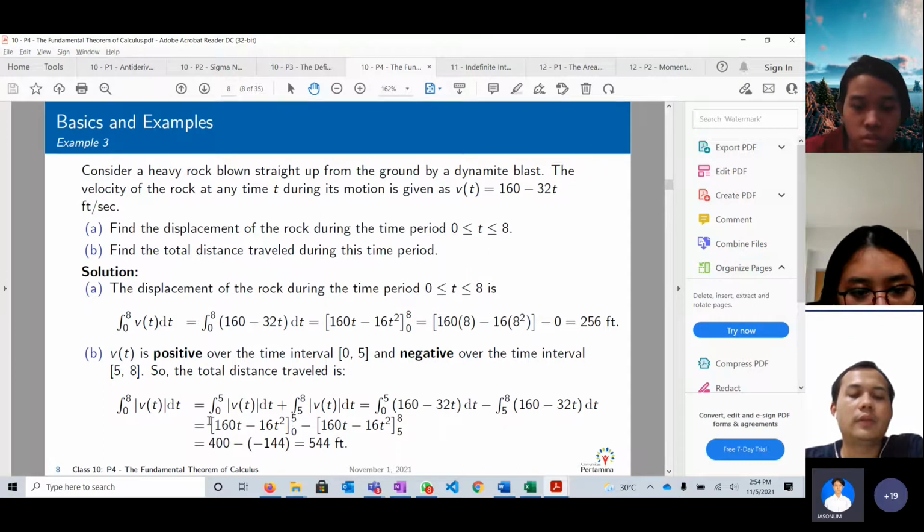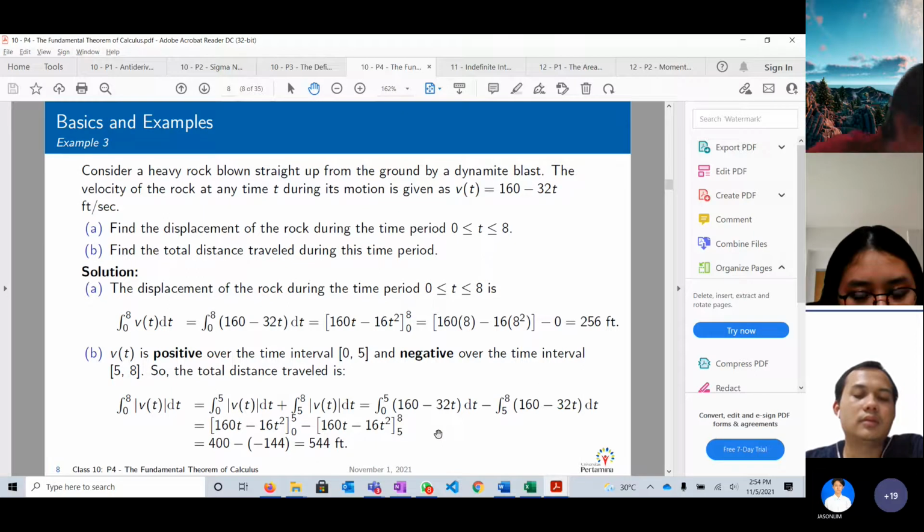The first part, we substitute from 0 to 5, and the second part, we substitute from 5 to 8. Even though they are the same expression, we have the negative here. Meskipun mereka sama, intervalnya berbeda, dan juga kita punya tandanya sekarang di sini negatif. Any question?